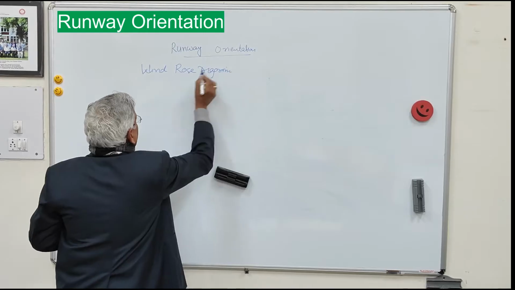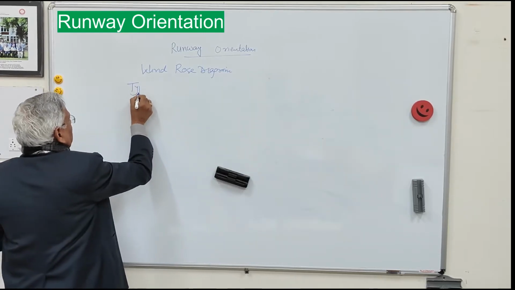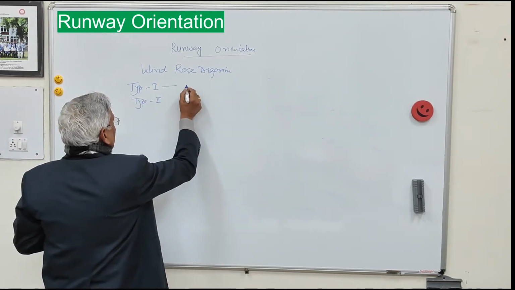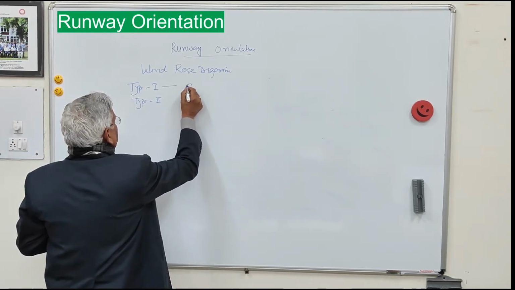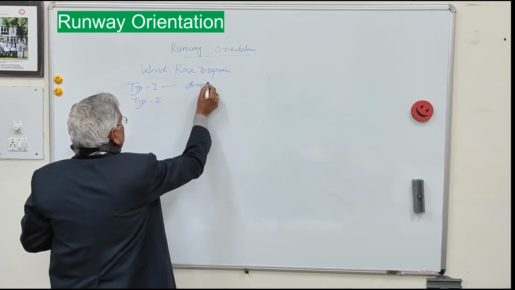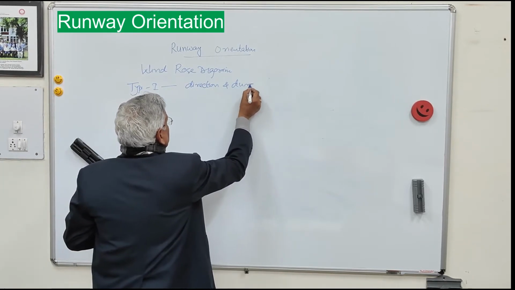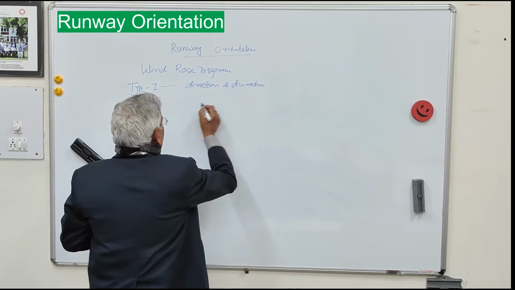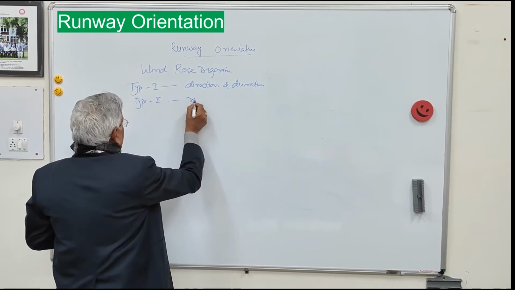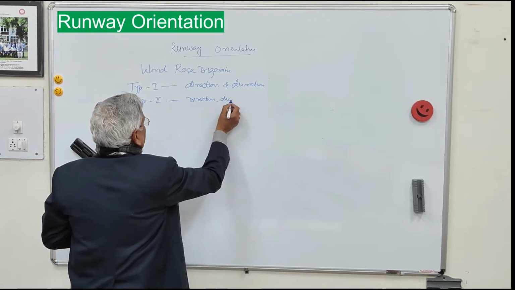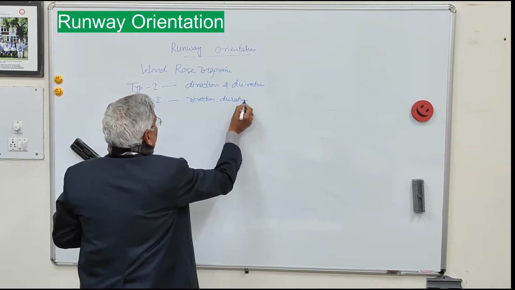And there are two types of Windrose diagram, type 1 and type 2. Type 1 only uses the direction and duration of the wind. In type 2, we use direction, duration and intensity of wind, all three, and therefore this is more accurate.